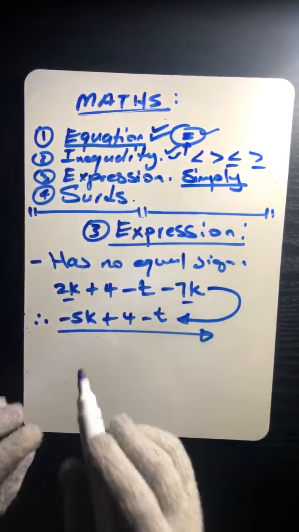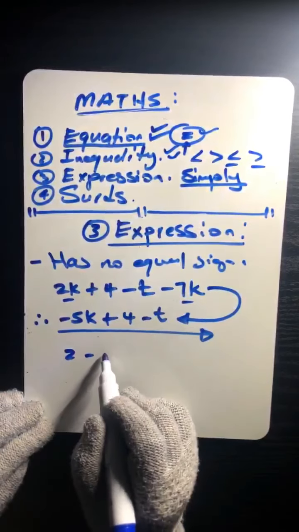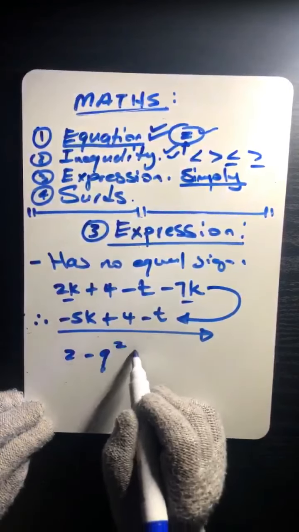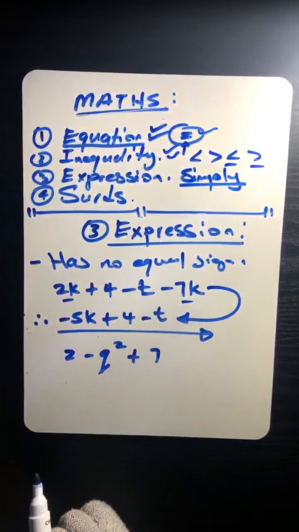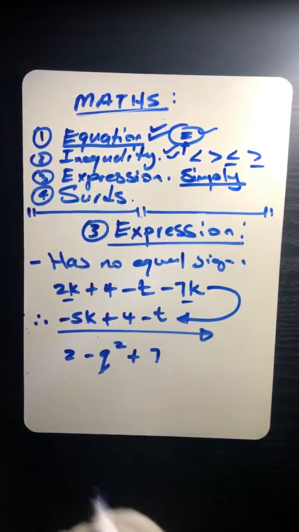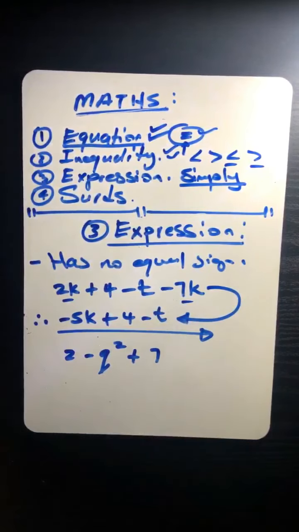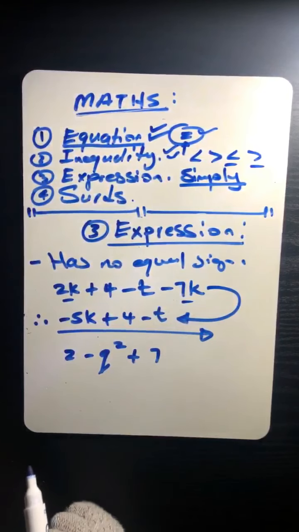Okay, let me give you this one, and we'll check if we can interpret it. Is this a math problem? Yes. Why? Because I see a sign, I see a number, I see a letter. Is it an equation? No. Is it an inequality? No. Is it an expression? Yes. Why?